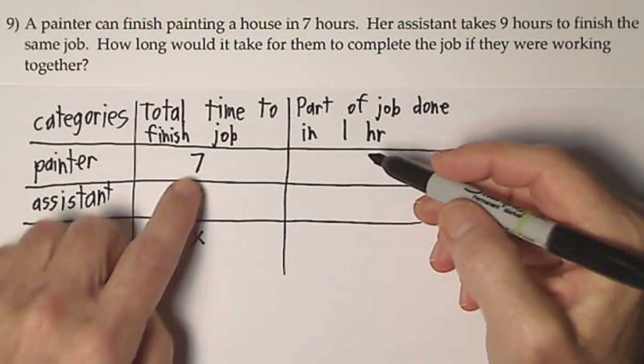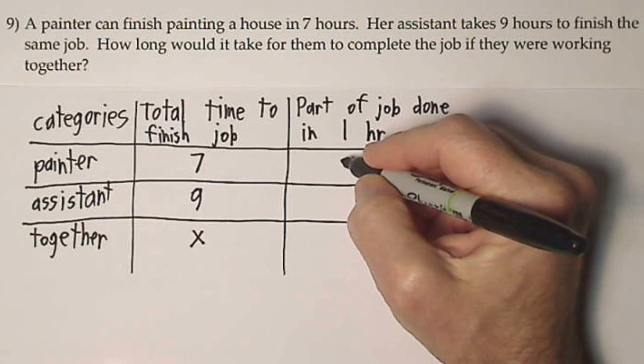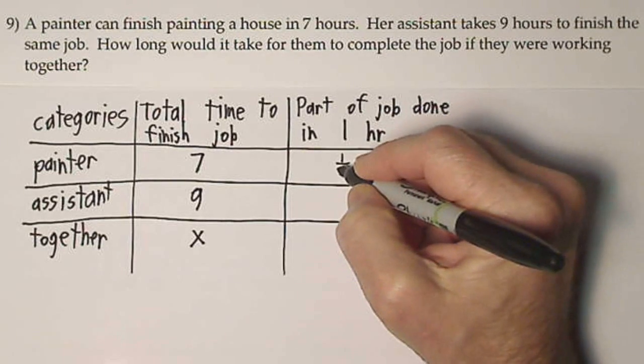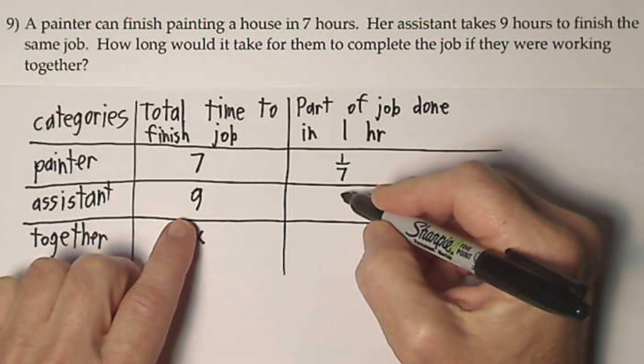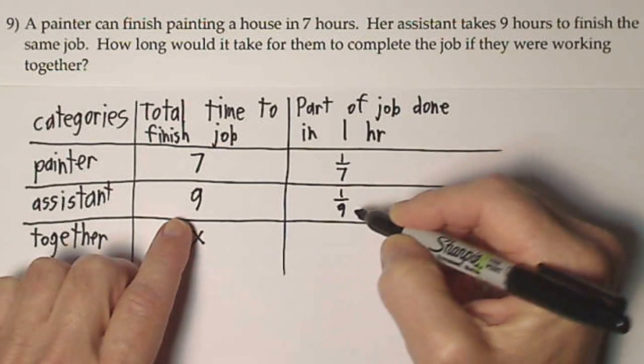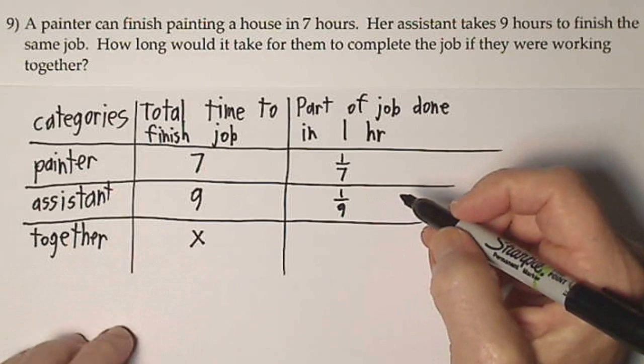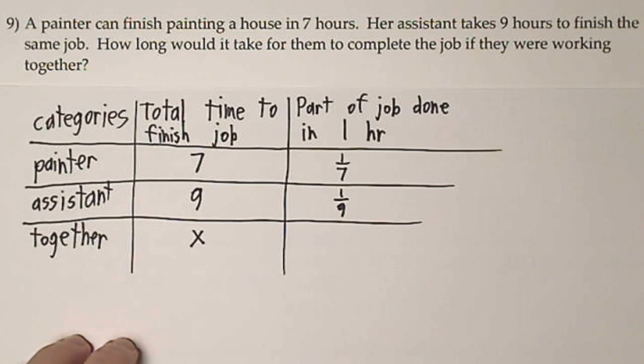We have a painter taking 7 hours. So in 1 hour, she can paint 1/7 of the house. The assistant can paint 1/9 of the house in 1 hour. Sorry, that 9 doesn't look so good. Let's see if we can bring that up a little.